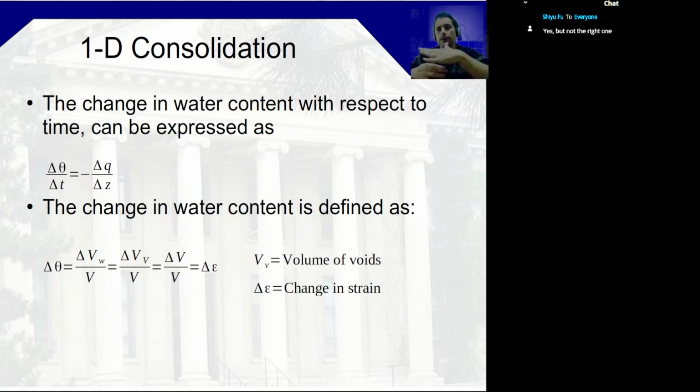And so what's left after that is consolidation. Consolidation only starts once you have evacuated that air that moves much faster through the pores than the water does. Okay. And so basically that's equal to delta V over V, and that's equal to the volumetric strain, right? But if you consider only one-dimensional consolidation, that volumetric strain is the strain in one direction, so it's the same as the strain that you measure in an odometer.